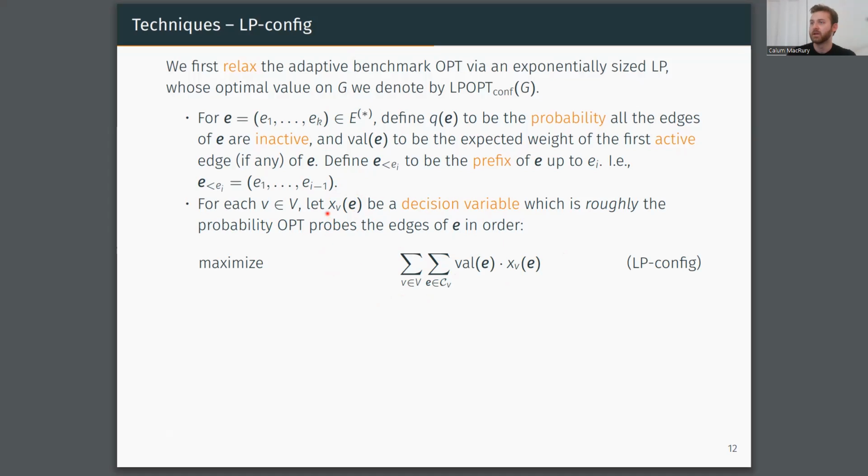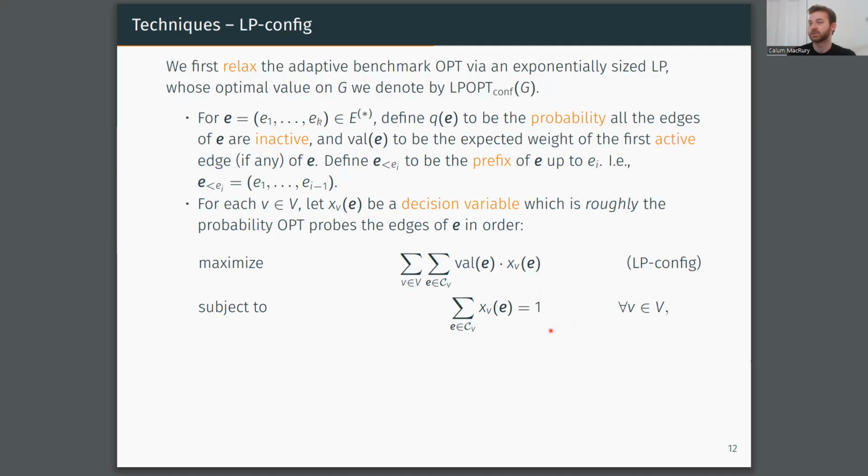Okay, so based on these definitions, the objective looks as follows. You can think of x_v(e) as indicating the likelihood that the adaptive benchmark will probe the edges of e in order. And then, as you can see, we get this objective where for every vertex, we sum over the expected weight of the edge matched to v.